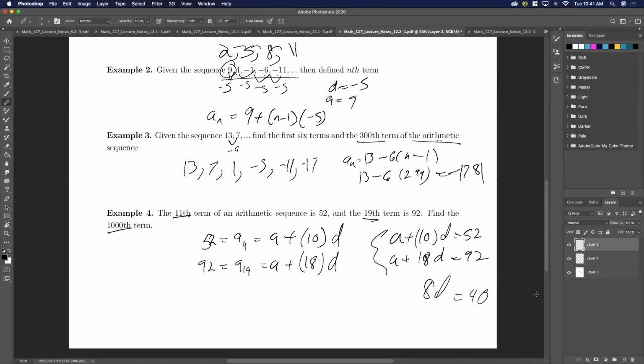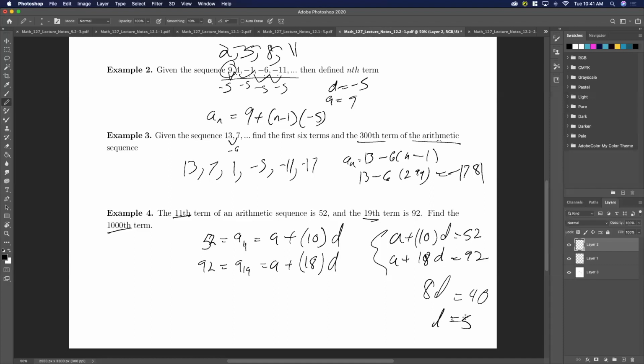So 8d is 40, and d is 5, right? You just subtract the two, and it's always going to be the case for this.